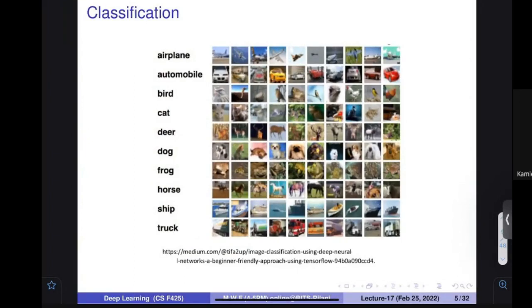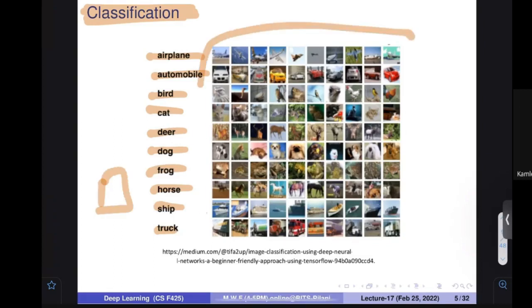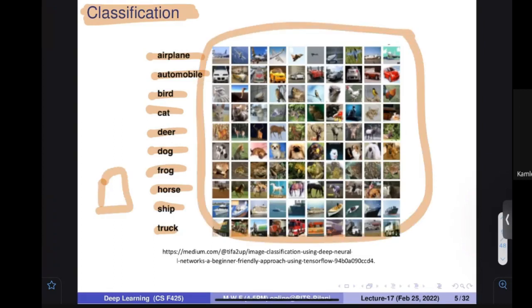The problem of classification, as we have discussed earlier, is this: multiple things are there. For example, in some images there is an aeroplane, automobile, bird, cat, deer, dog, frog, horse, ship, truck. So some images have been taken. This is a very popular database called the CIFAR-10 database, and on this database 10 categories are there.